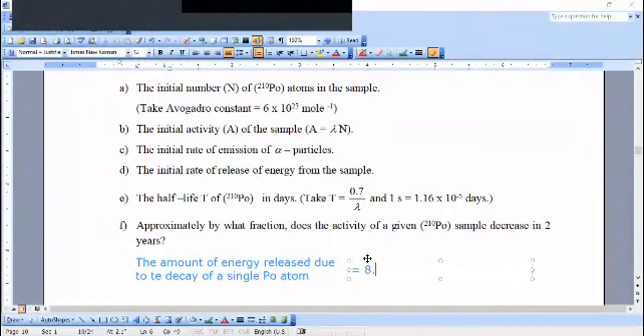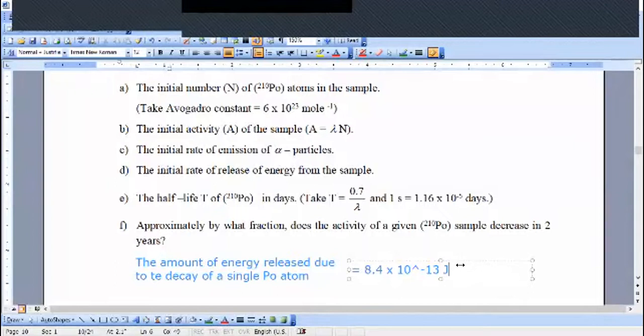It is 8.4 into 10 to the power minus 13 joule. Please write this here. This is the amount of energy released due to the decay of a single polonium atom.